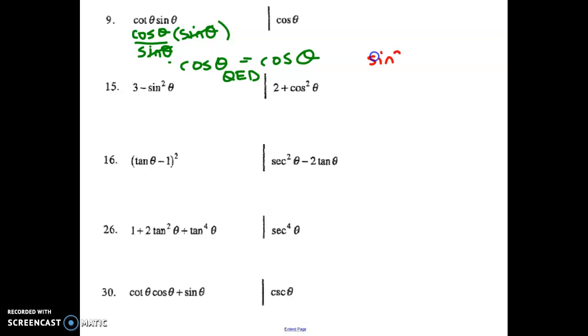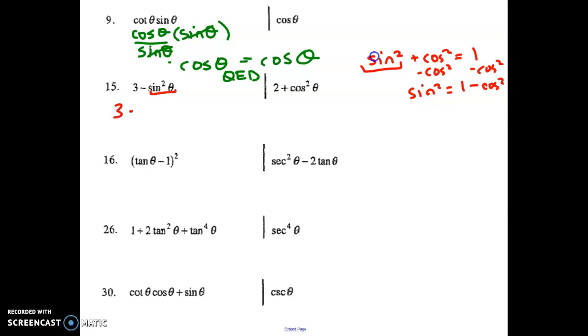So one of our identities says sine squared plus cos squared equals 1. So if I just want the sine squared by itself, I can move the cos squared to the other side. Remember, you are allowed to manipulate the identities, but you're not allowed to manipulate both sides of the proof. So if I subtract the cos squared to the other side, we get that sine squared equals 1 subtract cos squared. So I can trade the sine squared here in my question with 1 subtract cos squared.